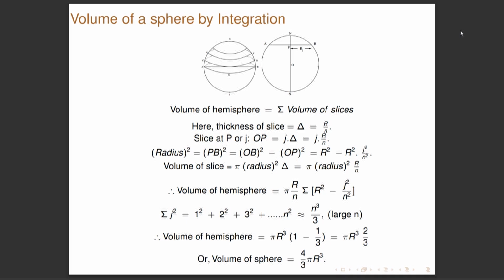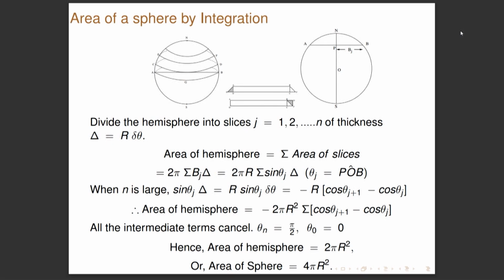But he actually sums it, though the integration concept is there. Whereas in Yukti Bhasha, this is used. There is a cos theta, and the intermediate terms will cancel, and you will get exactly this. It made use of the fact that delta cos theta is minus sin theta delta theta.